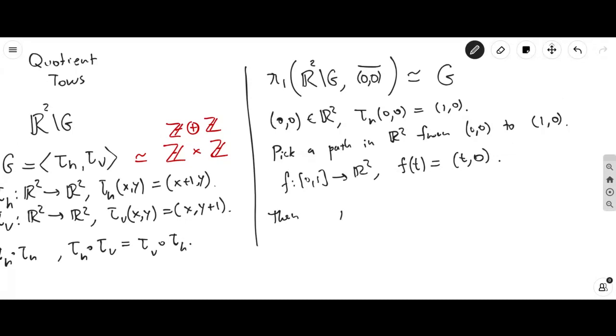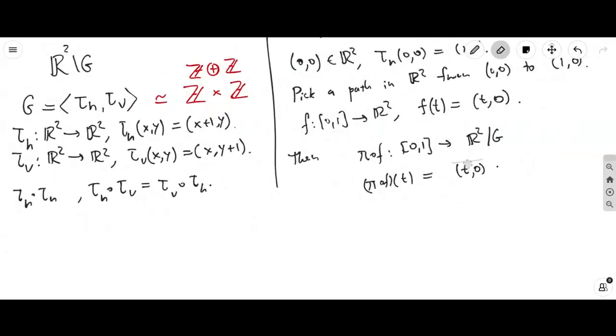Then if we compose it with the quotient map, we get a map from [0, 1] into the torus, into this quotient, and it's the map that simply takes pi composed f at t, that would be (t, 0) bar. That would be the closed path in the quotient. It's a closed path because (0, 0) and (1, 0) are different in the covering space, but in the quotient, they're related to each other by a translation, so they become the same point in the quotient. This is the reason why this is now a closed path.